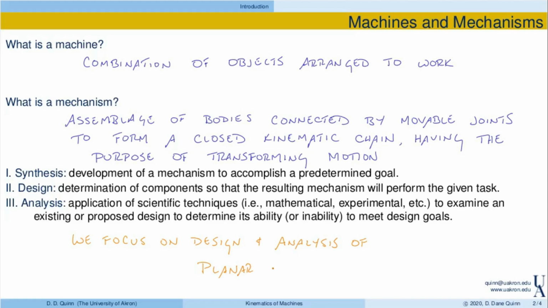So planar mechanisms are mechanisms that exist in the plane. So you can draw their representation on a piece of paper, right? Nothing would come in or out of the paper. And all of the kinematics, right? The velocities, the accelerations could be described within the plane. We're not really going to focus on spatial mechanisms in this course.